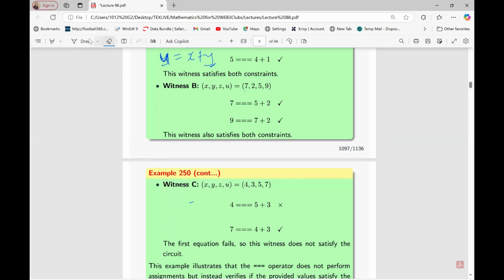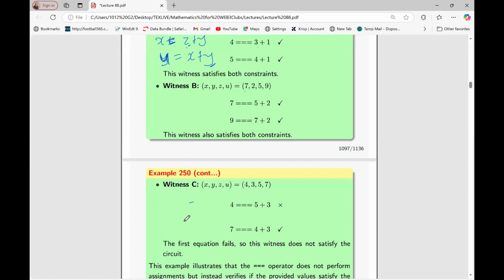So the prover has given us another witness, claimed to know x, y, z and u, but now has given us this. Now, our constraint is still the same equation here, that x will be equal to z plus y, and u will be equal to x plus y.